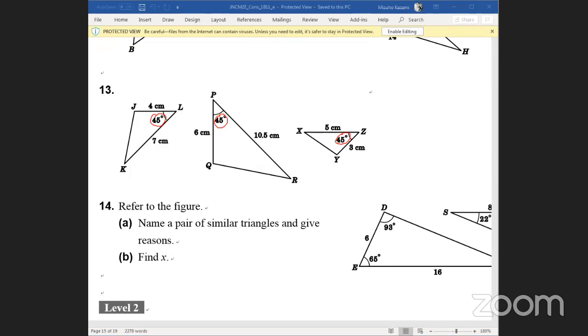Therefore, we will look at the shorter side, 6, 3. And then the others will be 7, 10.5, and 5. What do you think?